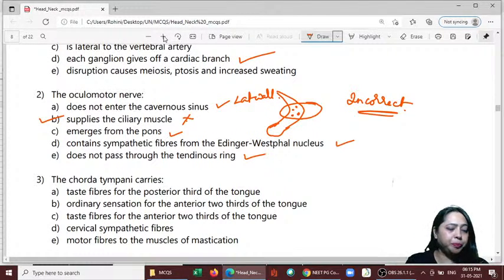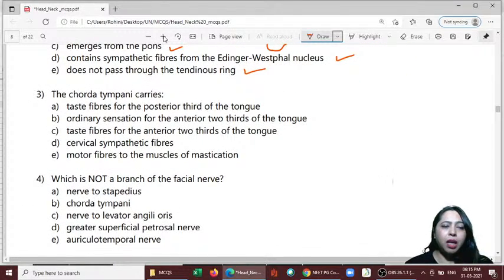Now let's see the next question. The chorda tympani carries. Now chorda tympani is a branch from the facial nerve.